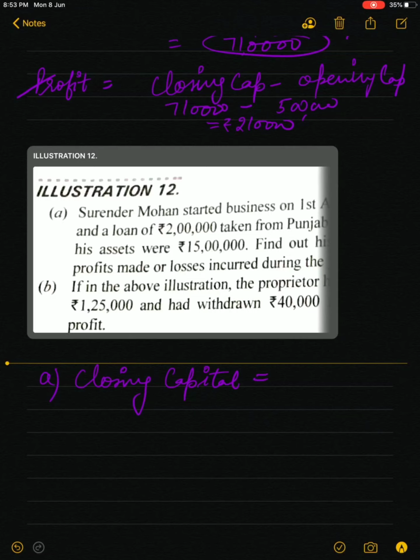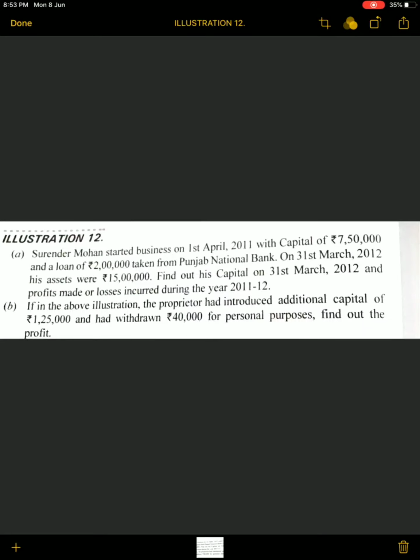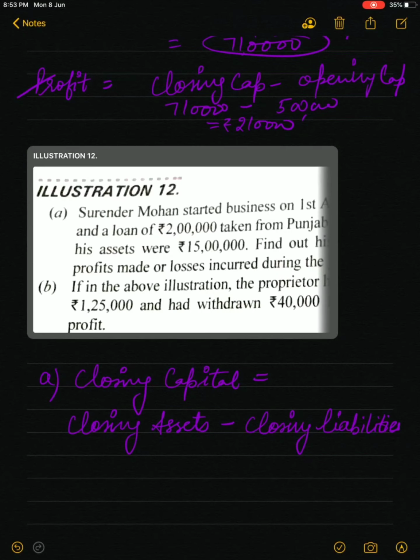The formula is closing assets minus closing liabilities. Closing asset is given as 15 lakh and liabilities 2 lakh. 15 lakh minus 2 lakh. The closing capital is 13 lakh.